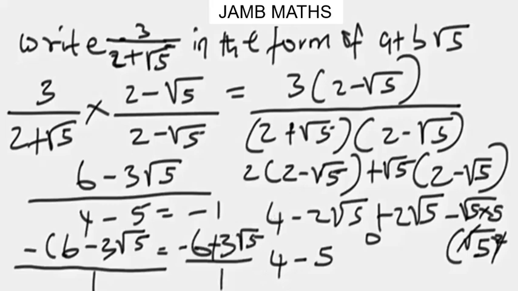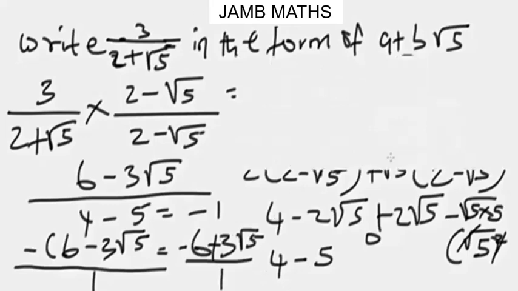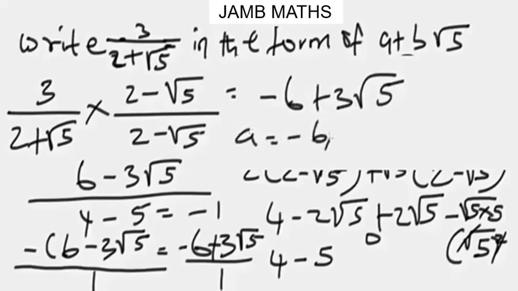Let me wipe this place so that we complete this solution. When you divide this by 1, it is minus 6 plus 3 root 5. Now this will be our answer. The question says write this in the form of a plus b root 5, so from our answer, a is negative 6 and b is 3. That's how you can solve this kind of problem.